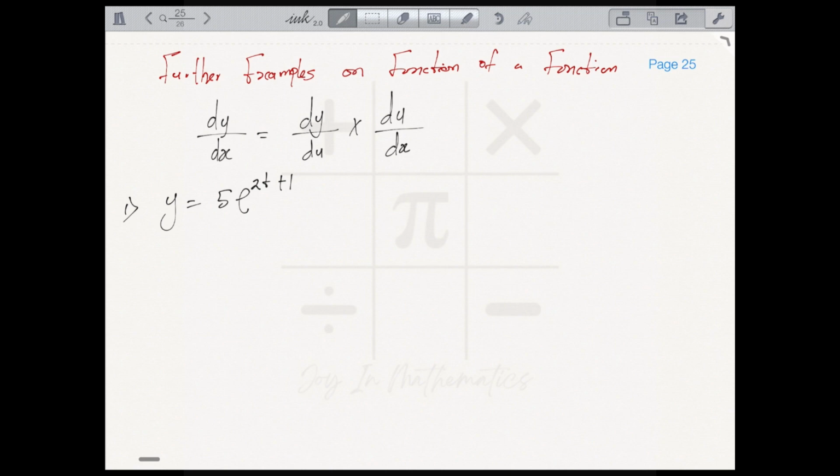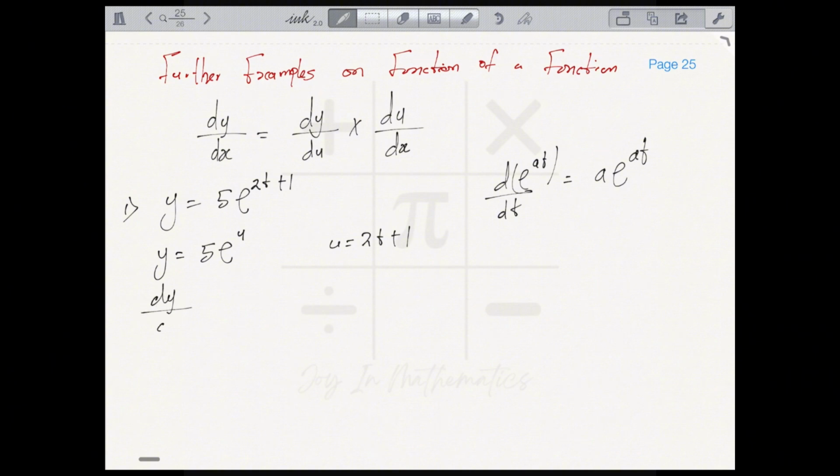Recall that when it comes to the exponential function, differentiating e raised to power at with respect to t will give us a e^(at). Now, in this case, we can make this equal to u. Therefore, we say u is equal to 2t plus 1, and therefore y will be equal to 5e^u.